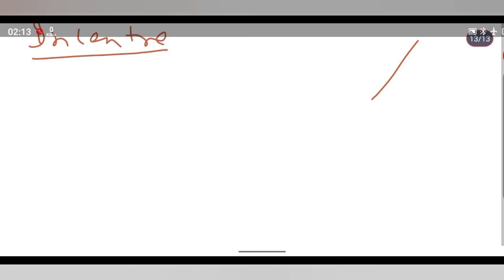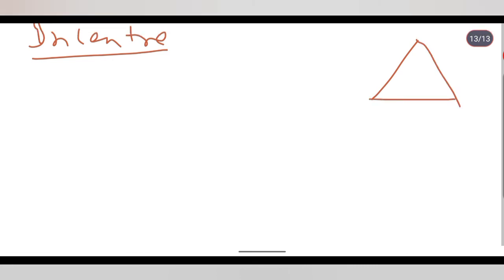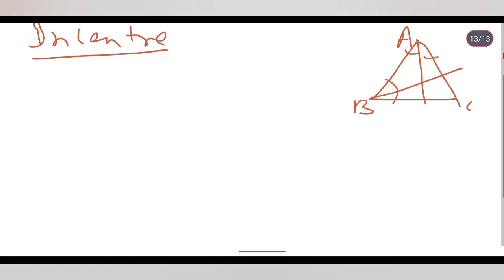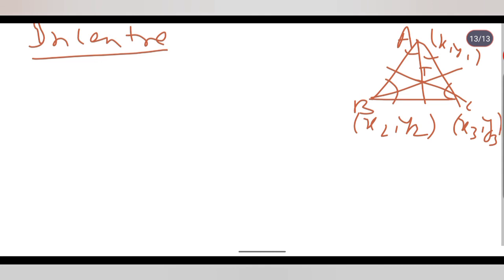Incenter. We have to find it. Incenter is the angle bisector point. It is represented by I. Okay, so this has coordinates x1 y1, x2 y2 and x3 y3.